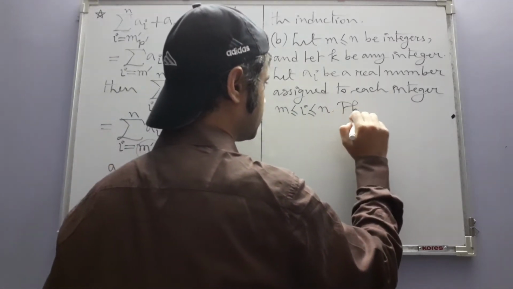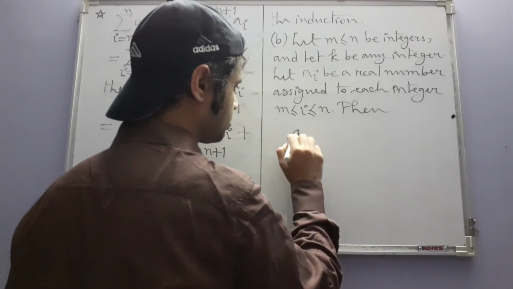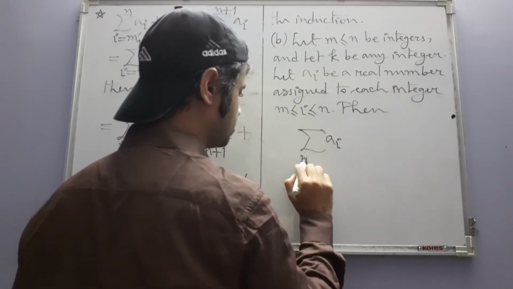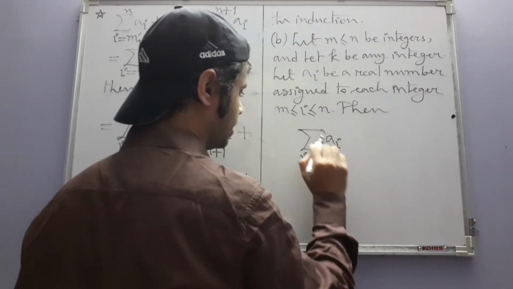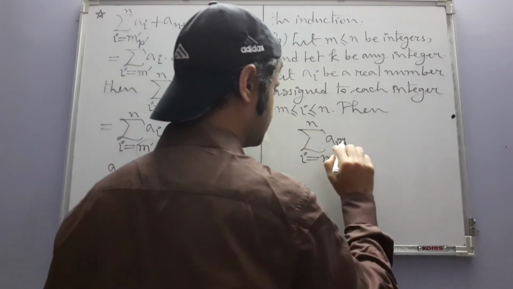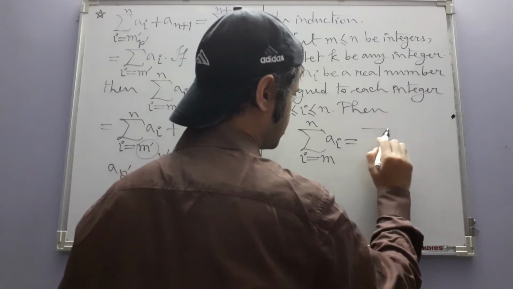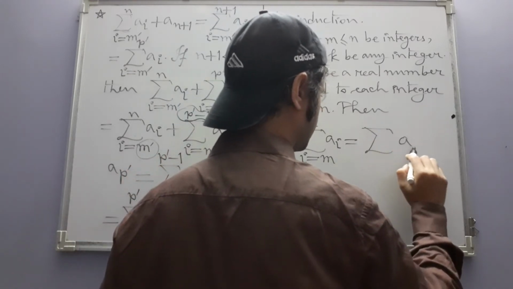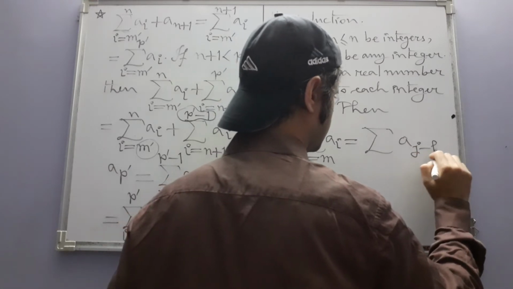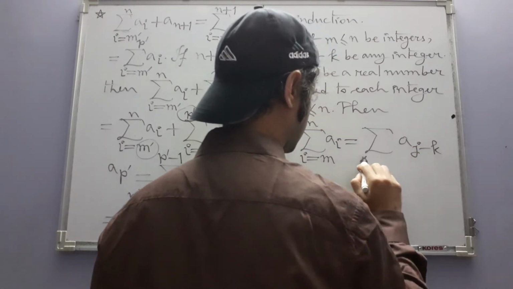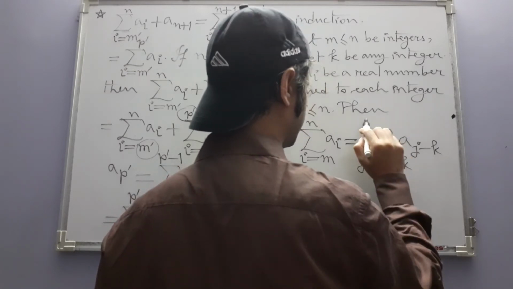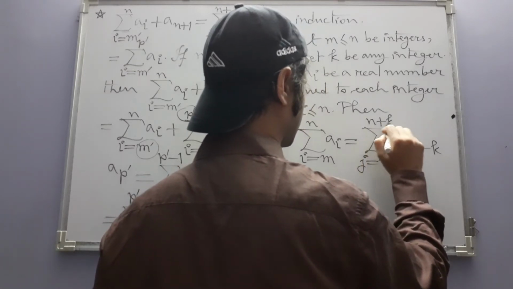Then the summation of a_i, where i varies from m to n, can also be written like this: a_(j minus k), where j varies from m plus k to n plus k.